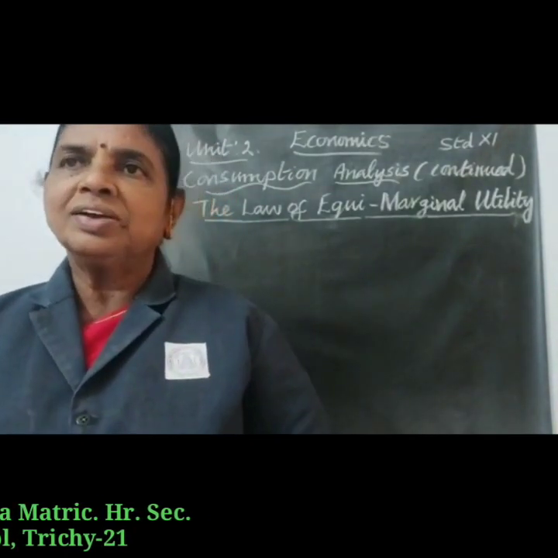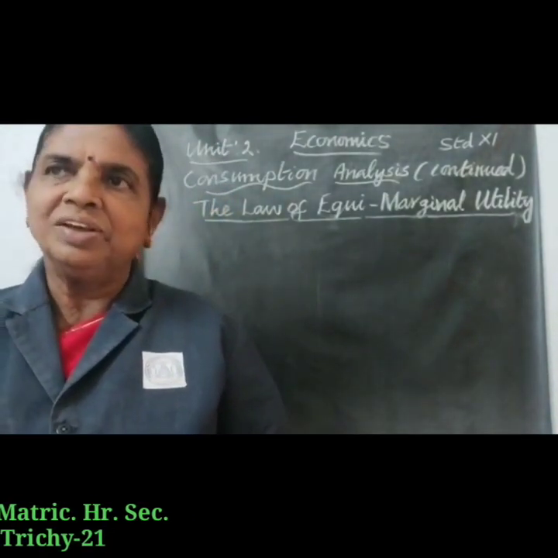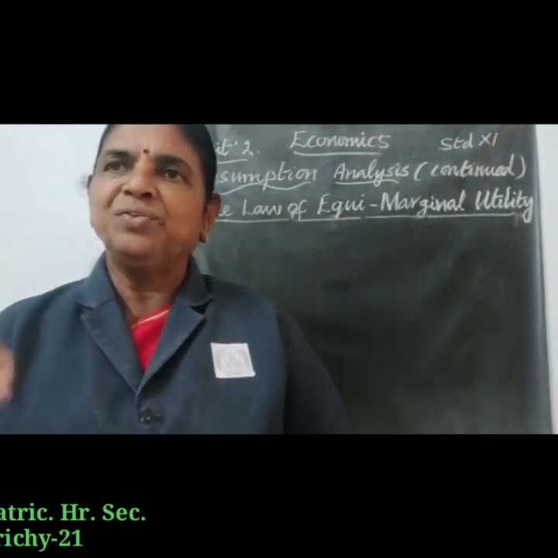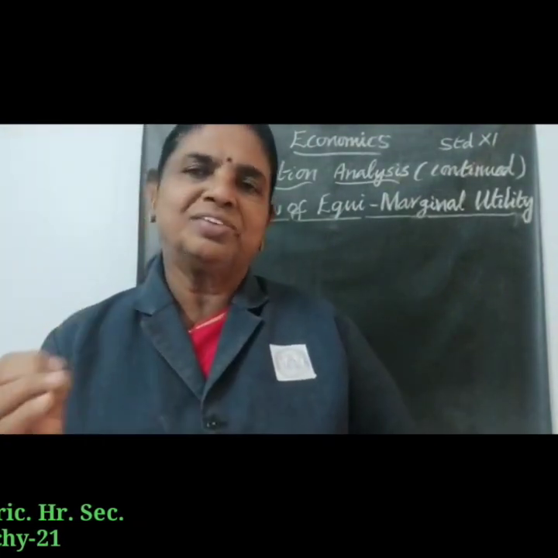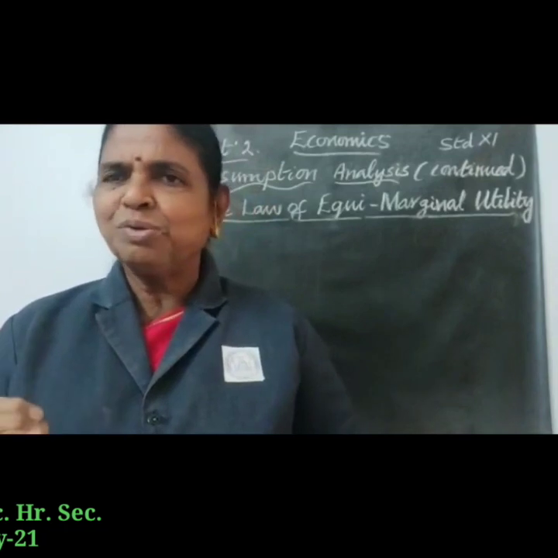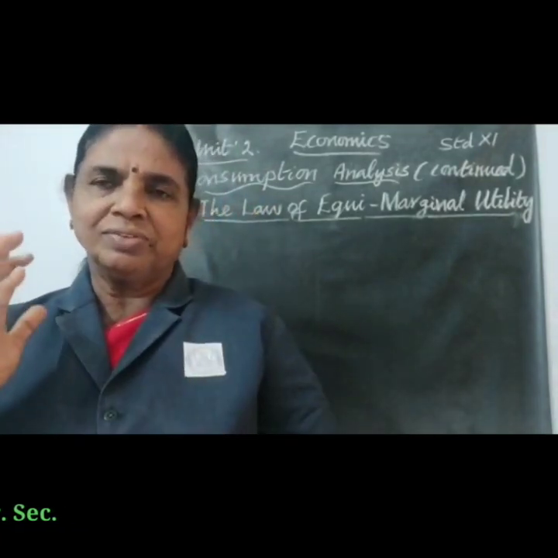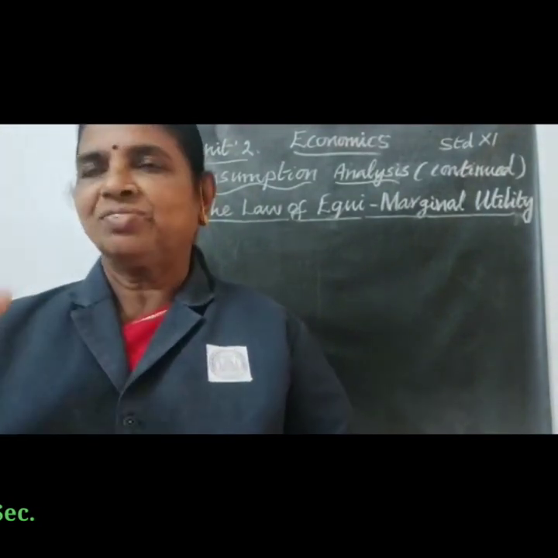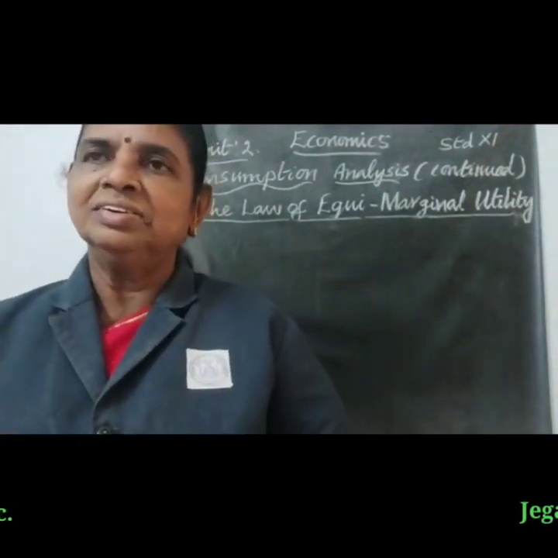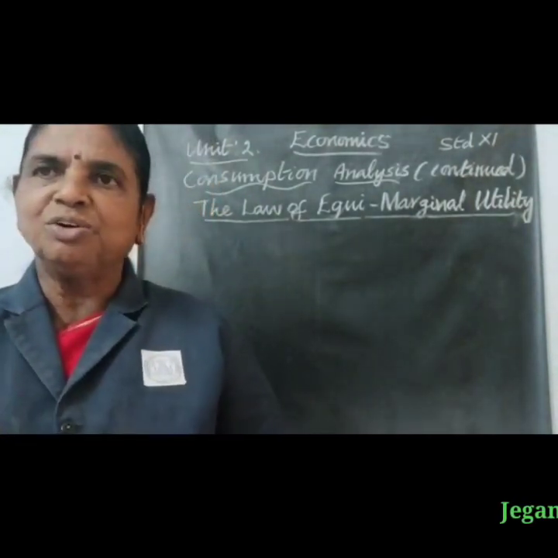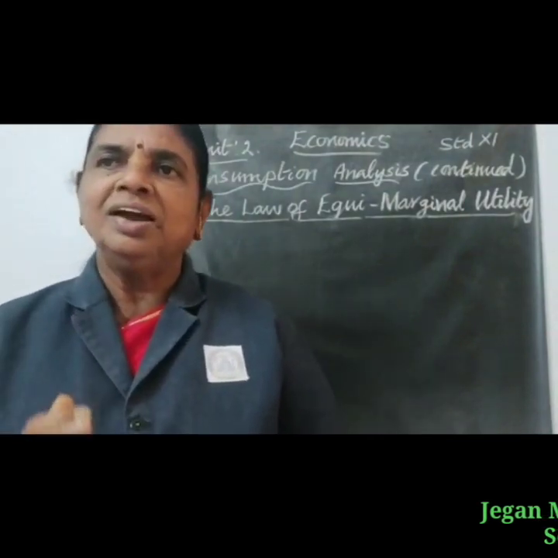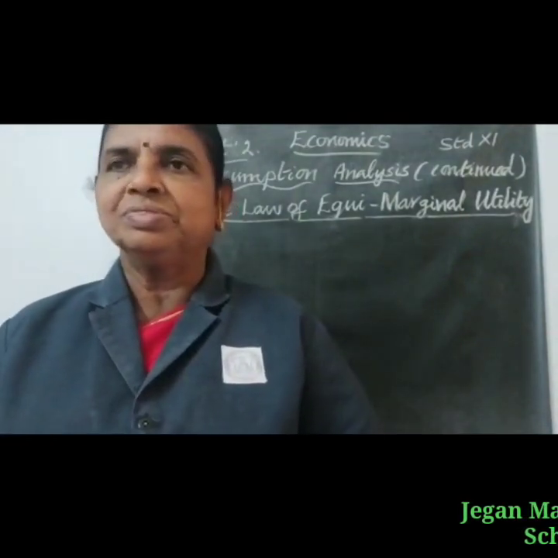Assumptions. The consumer is rational in the sense that he wants to get maximum satisfaction. We are human beings, we are rational. Always we have the sense of getting maximum satisfaction. Second, the utility of each commodity is measurable in cardinal numbers.